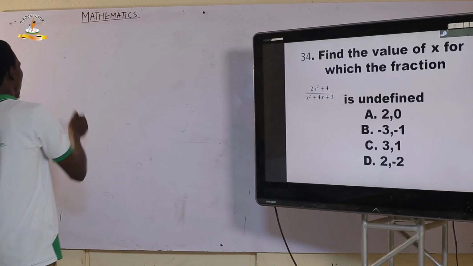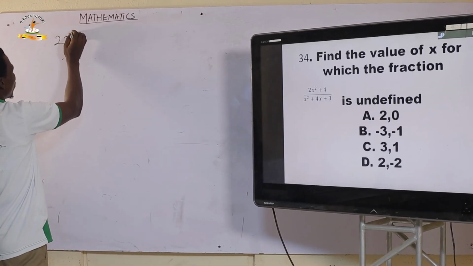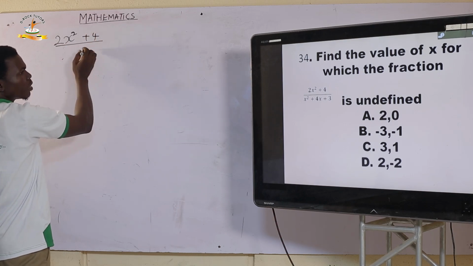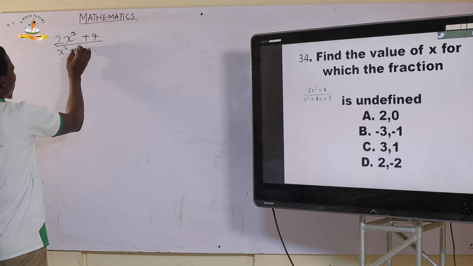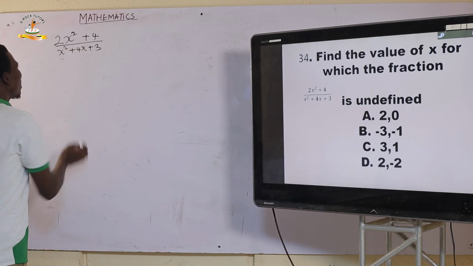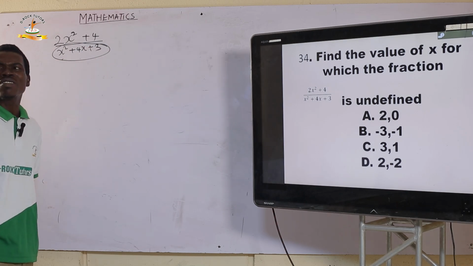And as such, we begin approaching it by just writing only the denominator out. However, let me write everything out firstly. 2x raised to the power 2 plus 4 all by x squared plus 4x plus 3. If it's undefined, then don't forget the denominator must be 0.